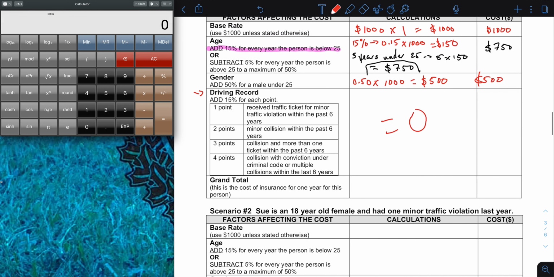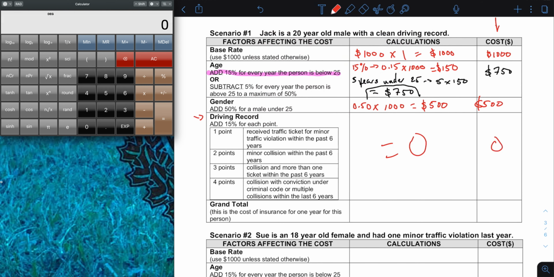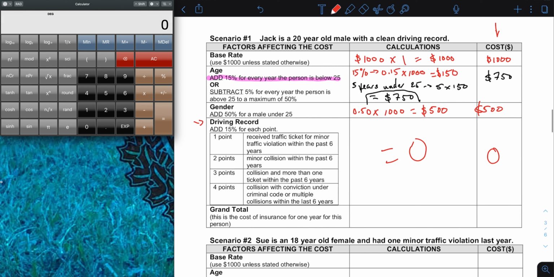Okay, so your grand total here, then you're just going to add up all the boxes. And so this is the cost of insurance for 1 year for this person, Jack. So we're going to take the 1,000 plus 750 plus the 500. Okay, and that's going to equal, right? I'll write the little plus signs in here.